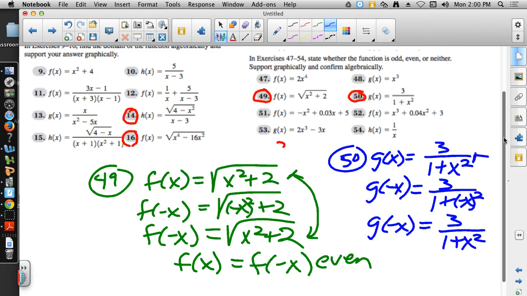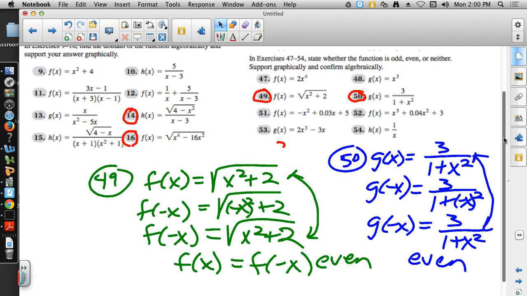And for the same reasons 49 is even, number 50 is even, because if we put a negative x into the function, we will get a positive x back out of it. We get the original function that we started with. So again, graphically, you could just plot these into the calculator. You're going to see that they are symmetric to the y-axis.